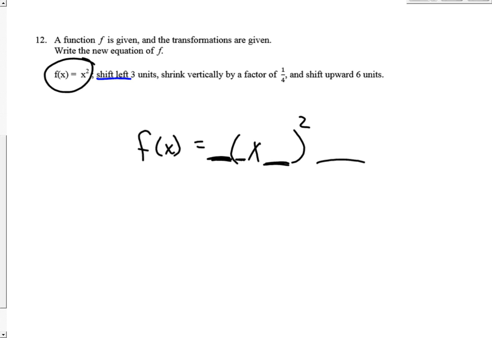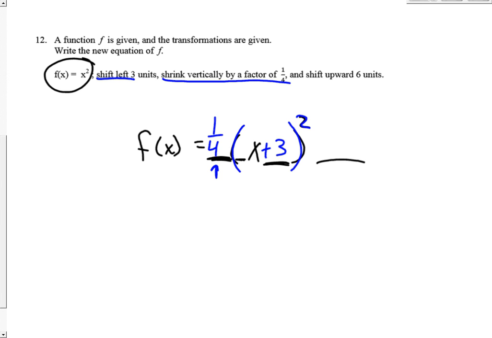A shift to the left by 3 units means on the inside of the function, inside of the parentheses, I need a plus 3, because a plus 3 shows a shift to the left by 3. To shrink vertically, that's going to be on the outside, in that A position. Stretching and shrinking vertically is that first value, and it's 1/4.